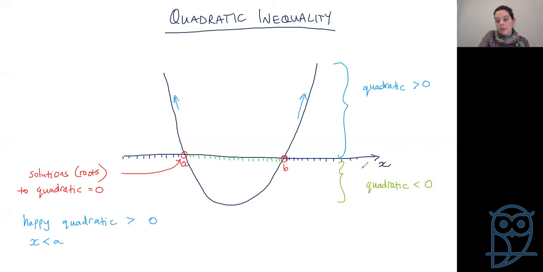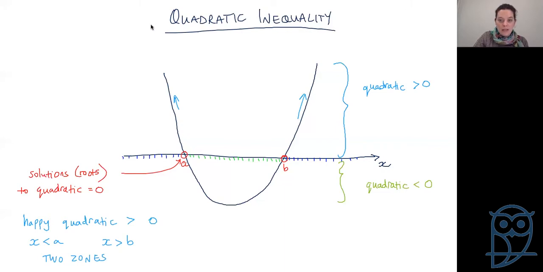We also have another region over here where x is greater than B, because all of these values will give us a positive output. So we have two zones for answers for a happy quadratic greater than 0.